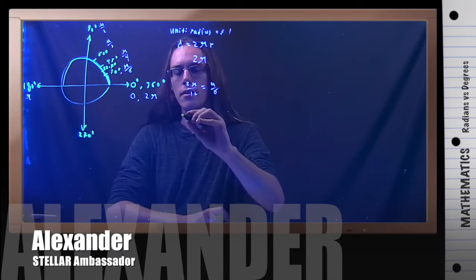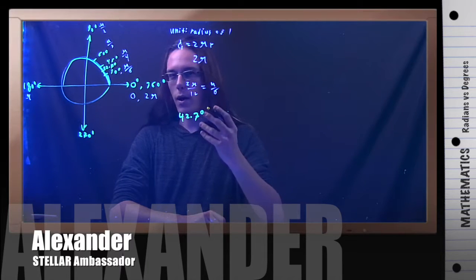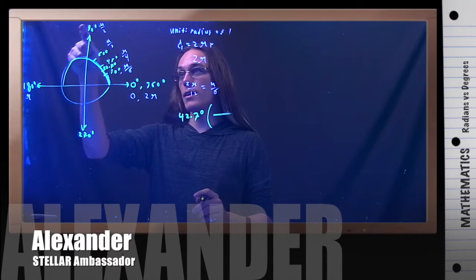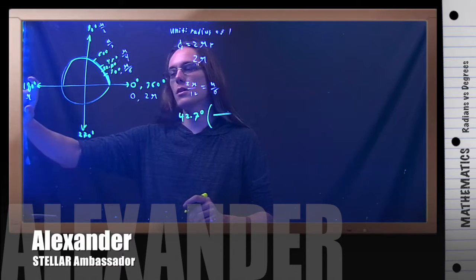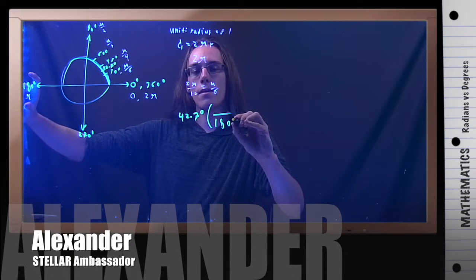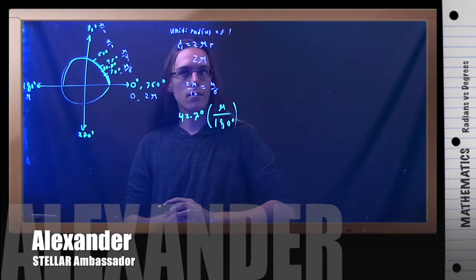What do you do with that if you want to know what it is in radians? Well, you could use any of the facts here of how many degrees are equal to a radian measure. We're just going to use this one because it's pretty simple. You would say, well, 180 degrees is equal to 1 pi, right?